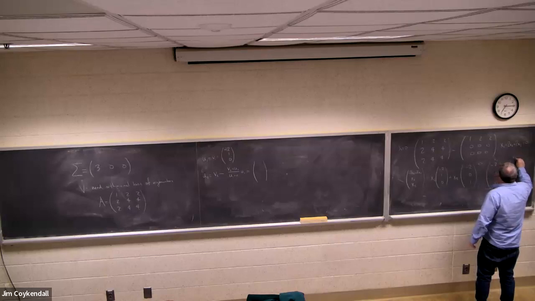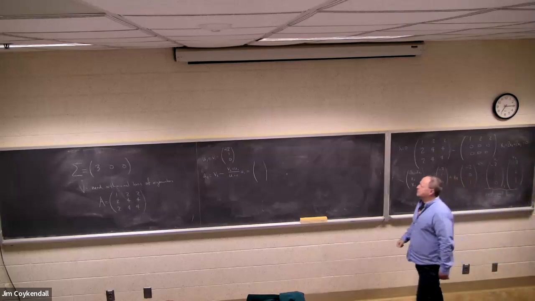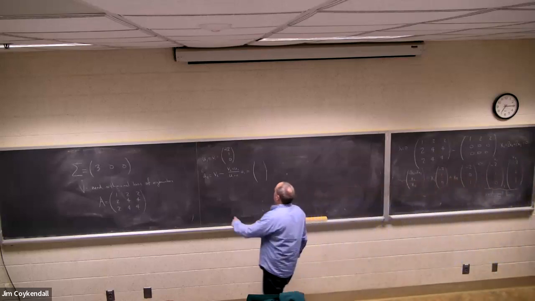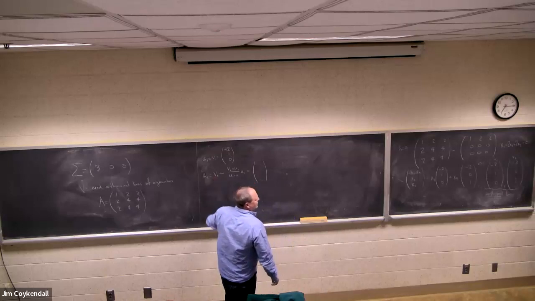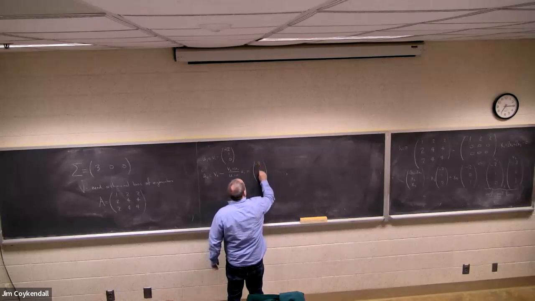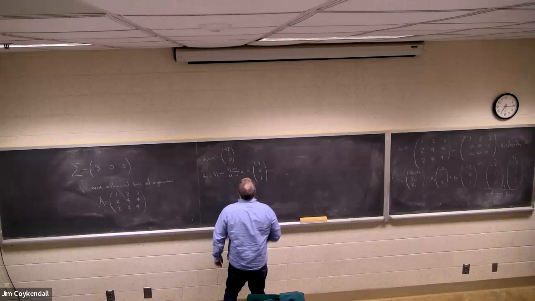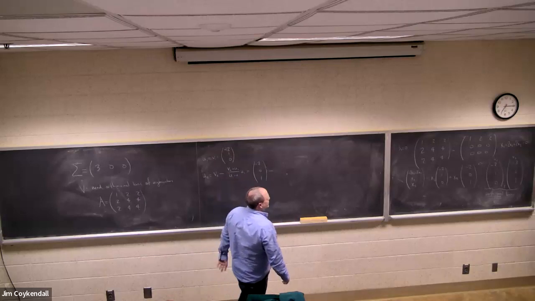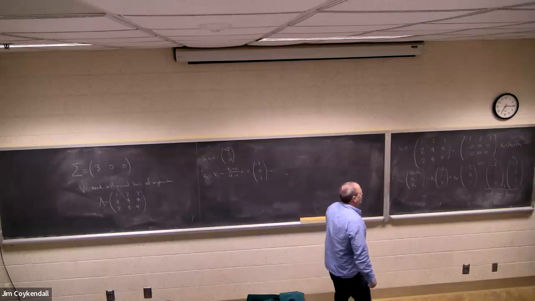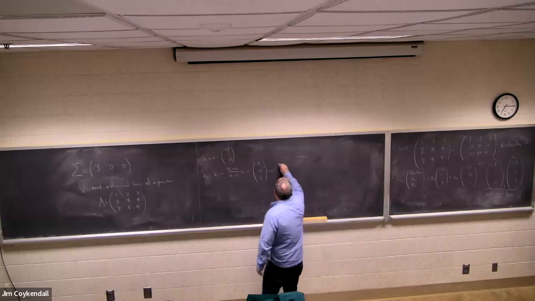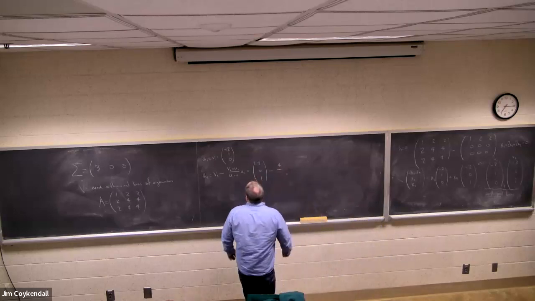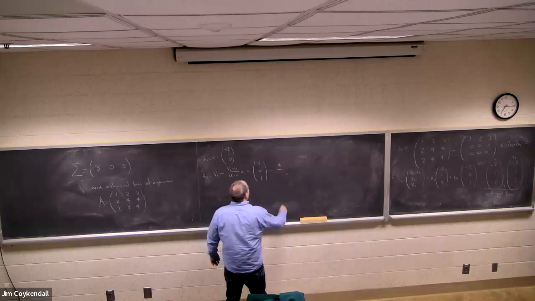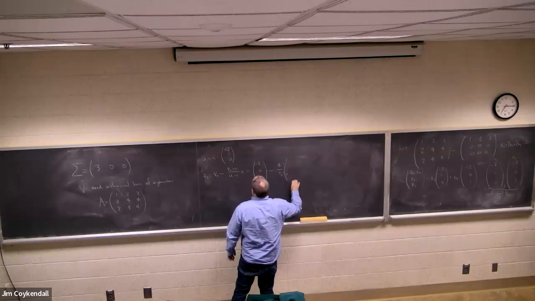V1 and V2, so we know what we're talking about here. V2 is minus 2, 0, 1. V2 dotted with U1 is 4. And U1 dotted with U1 is 5.